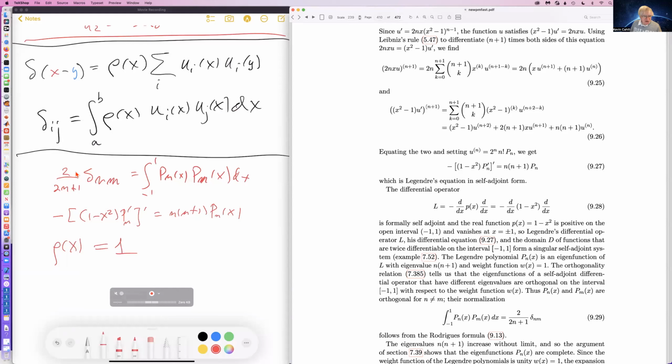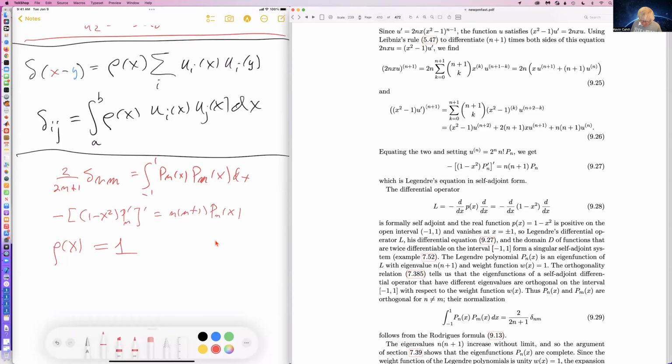In both of these equations, we see rho of x is equal to 1. But in order to normalize the thing, delta nm is equal to the integral from minus 1 to 1 of Pn of x Pm of x dx, and we have to divide by the square root of 2 over 2n plus 1, and by the square root of 2 over 2m plus 1.